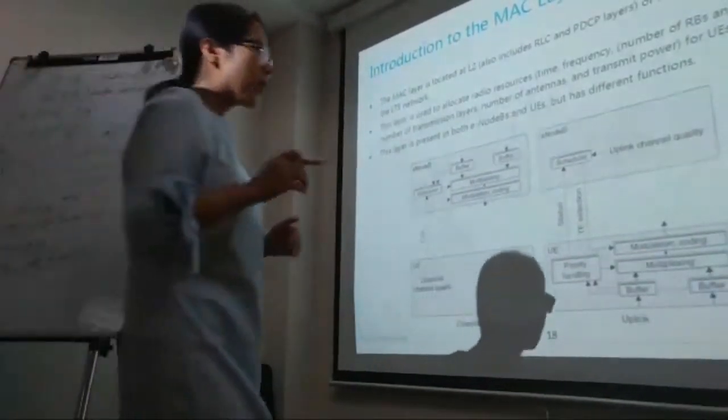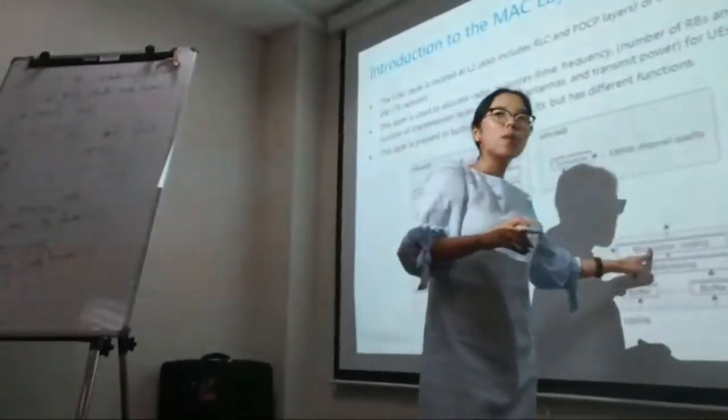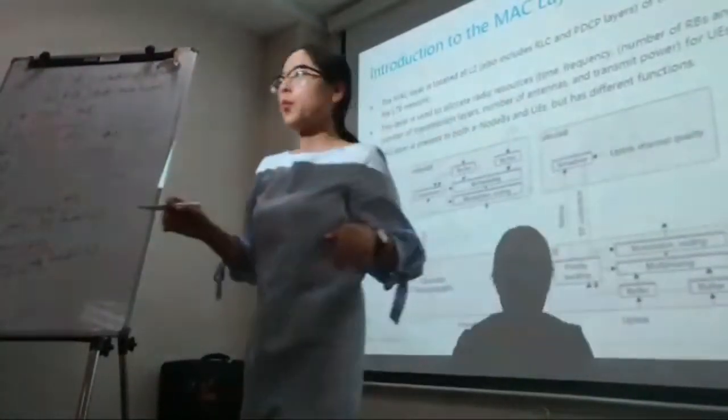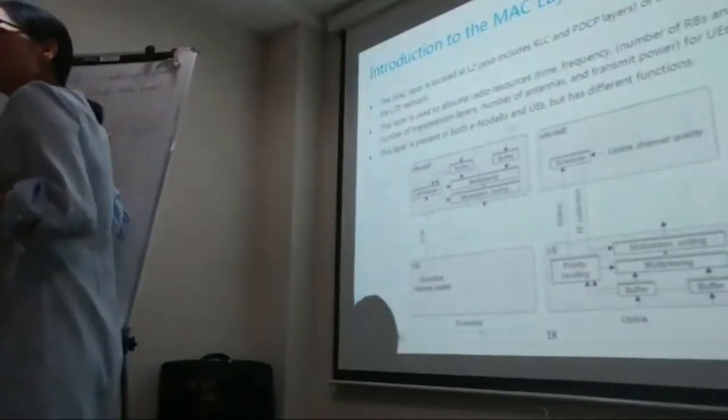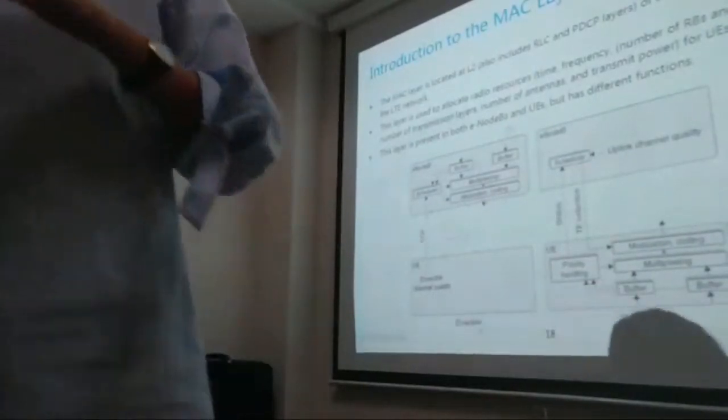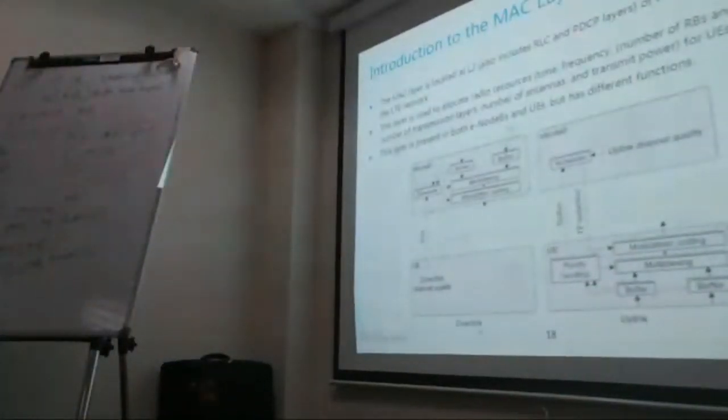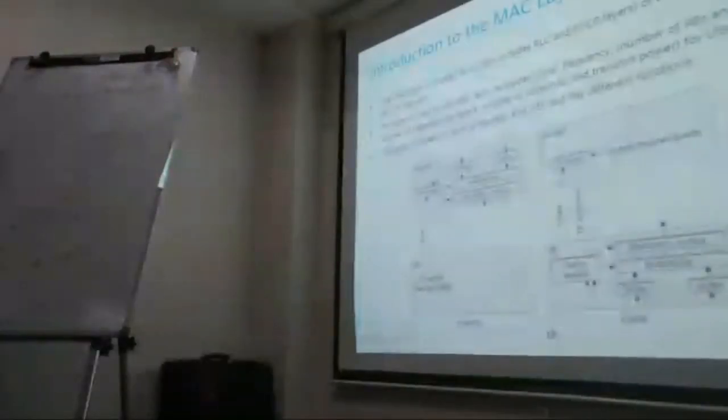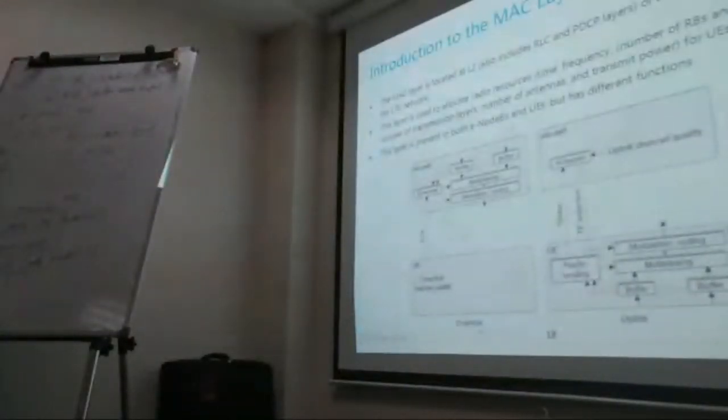That means it will select the MCS, the modulation and coding scheme. So if it cannot select a proper MCS, what will happen? Do you know what MCS is? Yes, MCS is the modulation level, for example BPSK, QPSK, 16QAM, 64QAM. If your channel quality is good, I can select a high level, so the data rate will be higher.